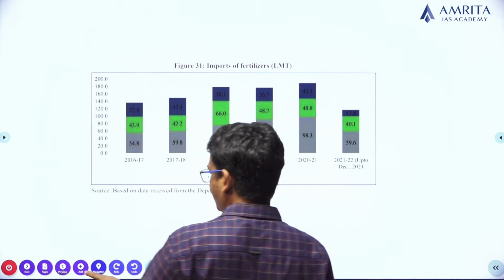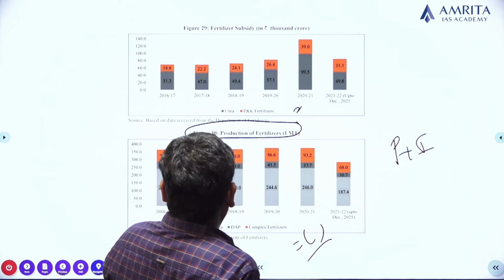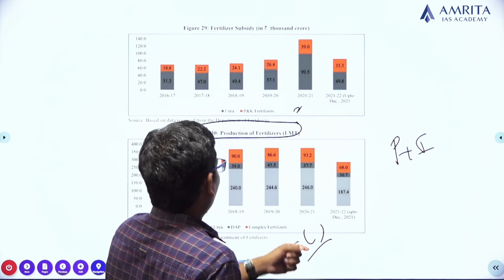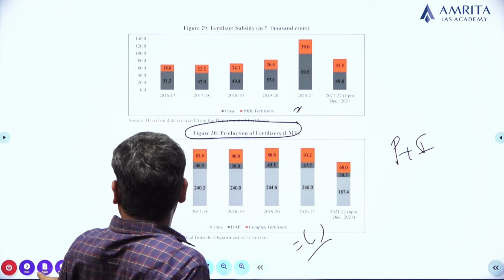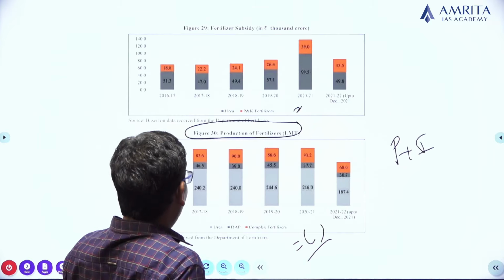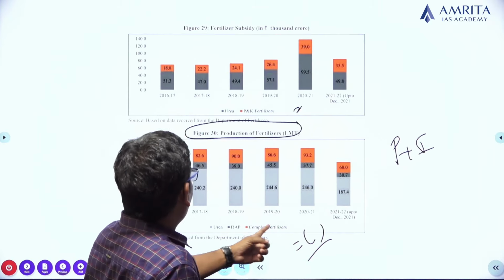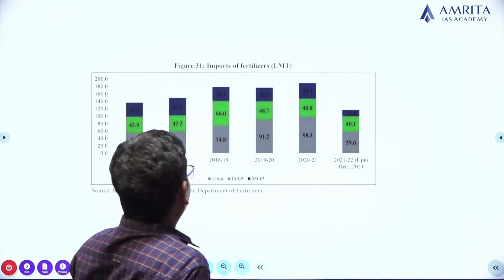And if I show, just a minute, see the case of urea, 246 lakh metric tons in the year 2021. I am taking the year 2021. Our production of urea is 246, our import is 98.